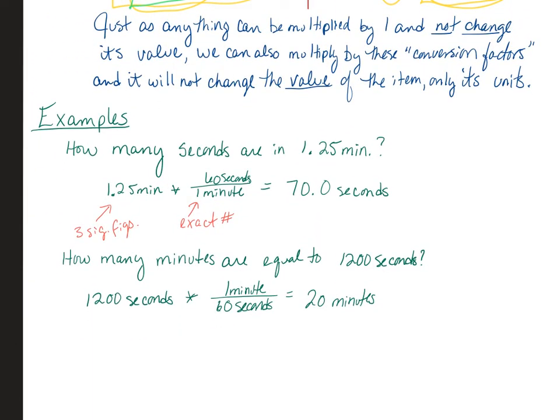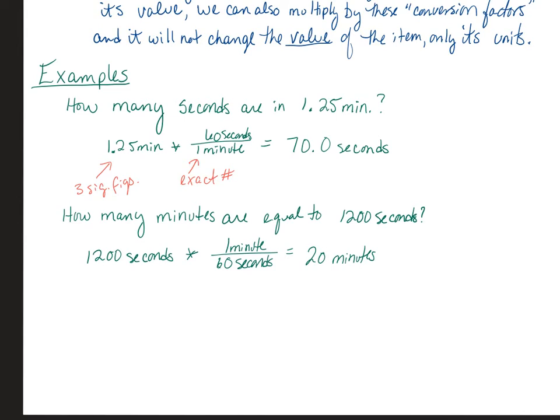So for example, let's say we wanted to figure out how many seconds are in 1.25 minutes. Well, we say 1.25 minutes, because I usually want to start with a thing with one type of unit, by the way. And I want to multiply that in a way that cancels out my units of minutes and gives me the units of seconds.